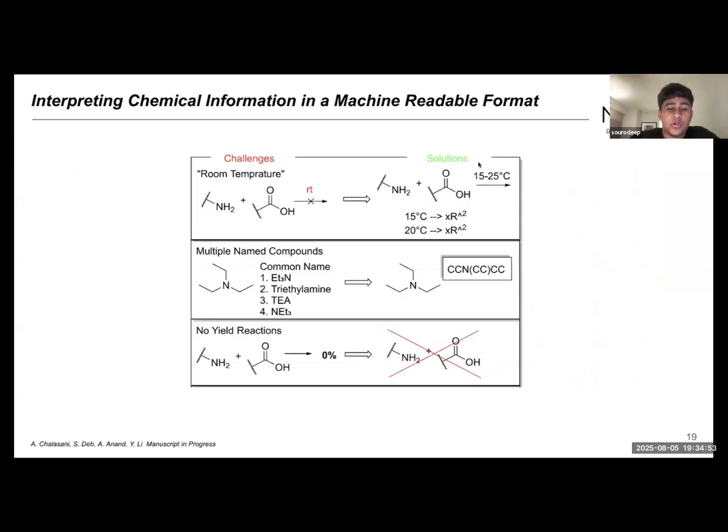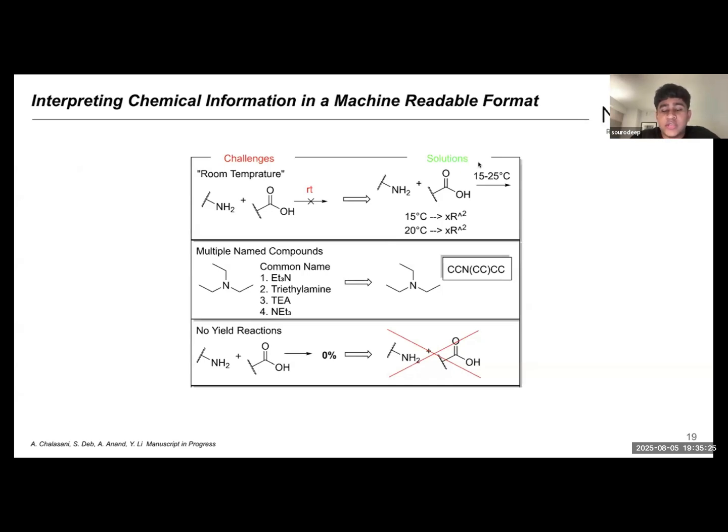Okay. So while starting this project, some of the challenges we faced trying to make our data usable for machine learning included room temperatures not being listed in the reactions we got. Some compounds had multiple names despite being the same compound, and some reactions just didn't have a yield. Because room temperature varies in different places around the world and the reactions are gathered from scientists from different places around the world, we used a range of temperatures from 15 degrees Celsius to 25 degrees Celsius where the room temperature would lie.